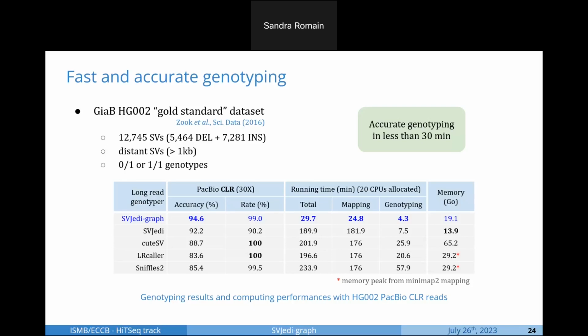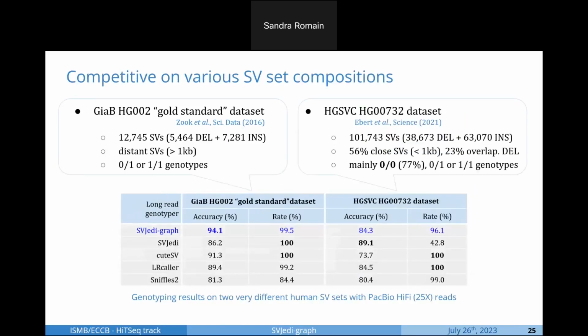And lastly, we wanted to challenge our method on a more complex dataset. So we used the one from the Human Genome Structural Variant Consortium, HGSVC. In contrast to the GIAB dataset, which contained only distant SVs, more than half of the SVs in the HGSVC dataset were close to another one, and almost a quarter of the deletions were overlapping another variant.